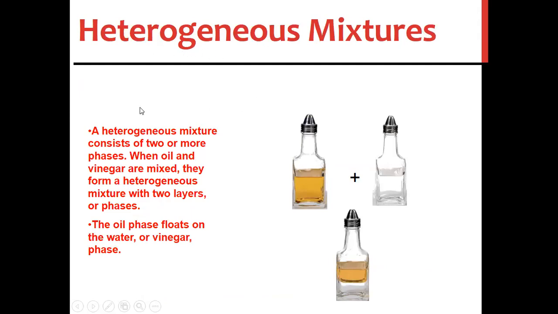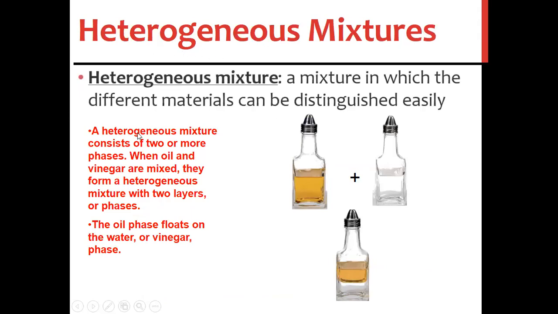But heterogeneous mixtures are mixtures in which the different materials can be distinguished easily. A heterogeneous mixture consists of two or more phases. When oil and vinegar are mixed, they form a heterogeneous mixture with two layers or phases.